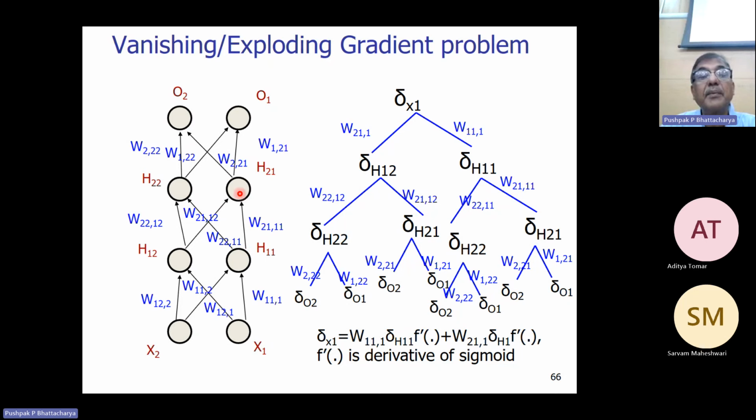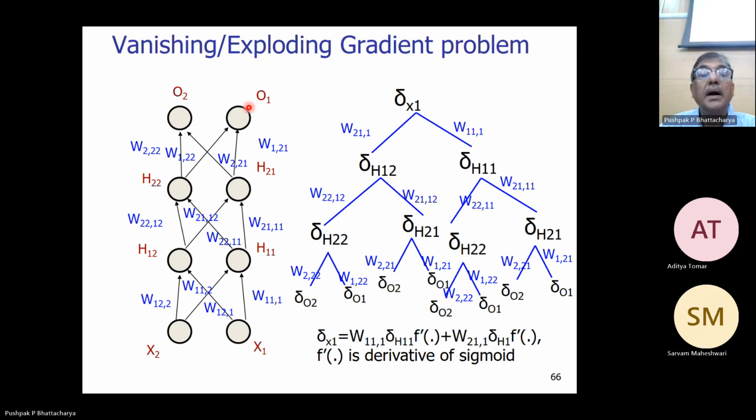Notice that the backpropagated delta already has an activation derivative in it. So isn't it the case that if this path is long, by the time we come here, the derivatives of this neuron, the derivative of this neuron, all these get multiplied.